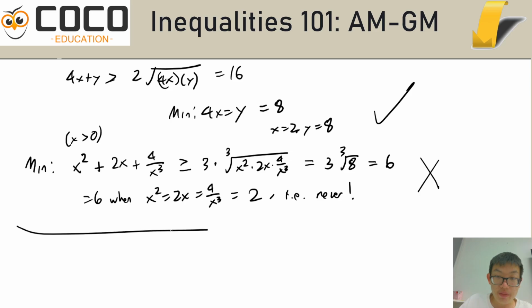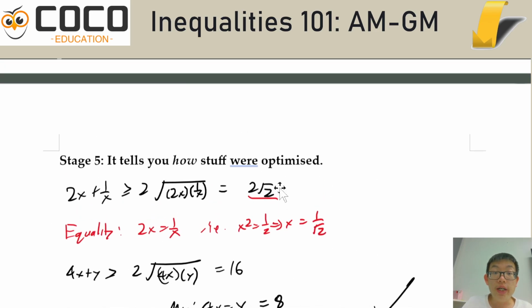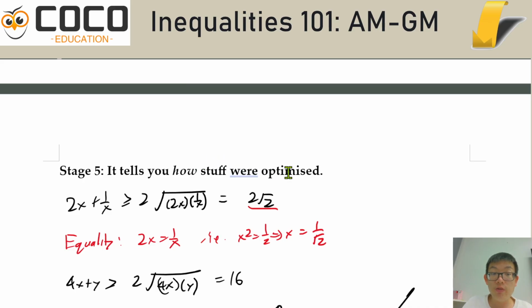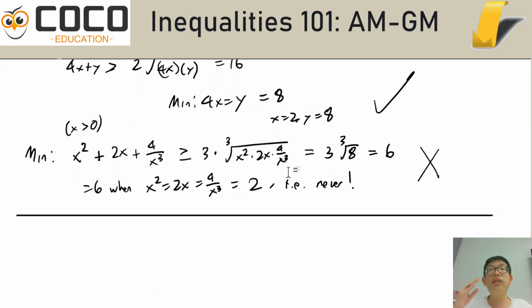But in the SMO or in any competition, there is also another reason why you want to talk about how stuff were optimized. The reason is that there's a second way to ask the question.